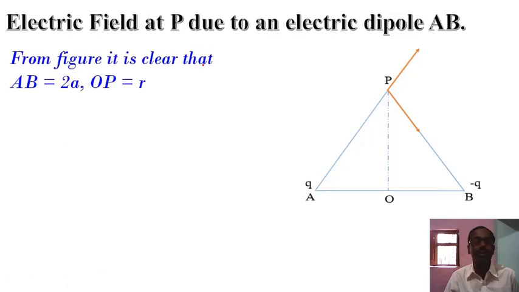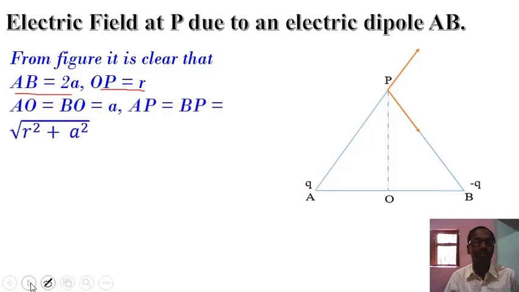From the figure it is clear that AB equals 2a and OP equals r. Therefore, AO equals BO equals a, as O is the midpoint. AP equals BP equals square root of r square plus a square.